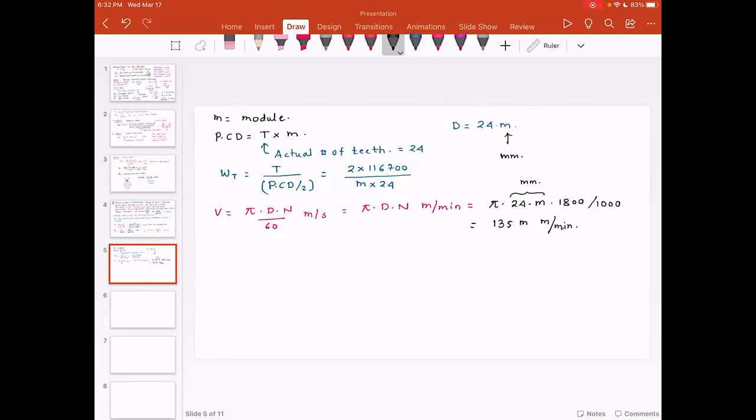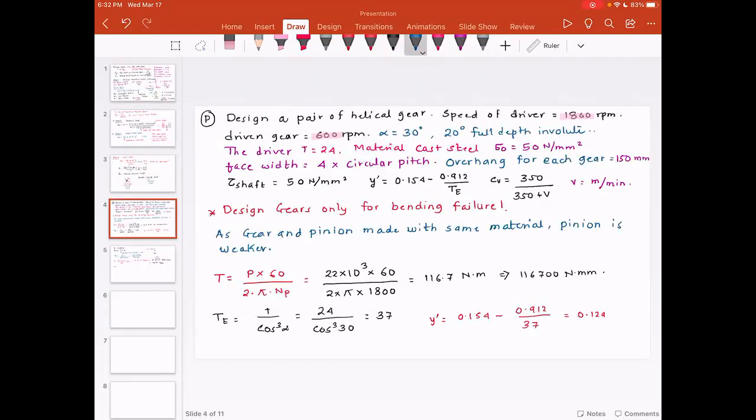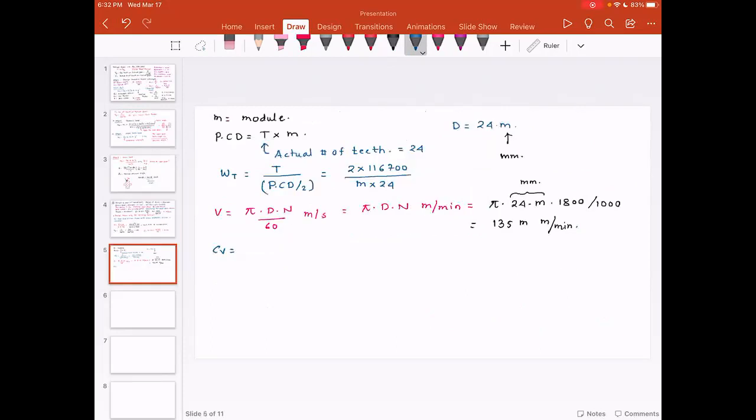With this, we should be able to find out the velocity factor CV. For this particular problem, the velocity factor is explicitly given. If the velocity factor is given to us, we will use that factor. If it is not given to us, then we will go with the usual set of equations that we talked about.